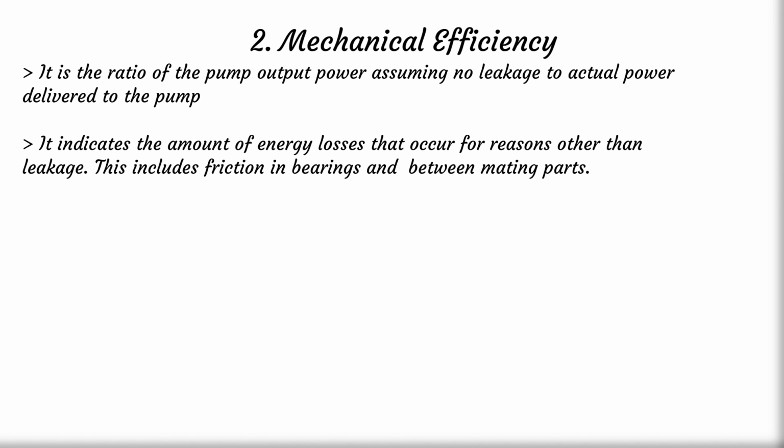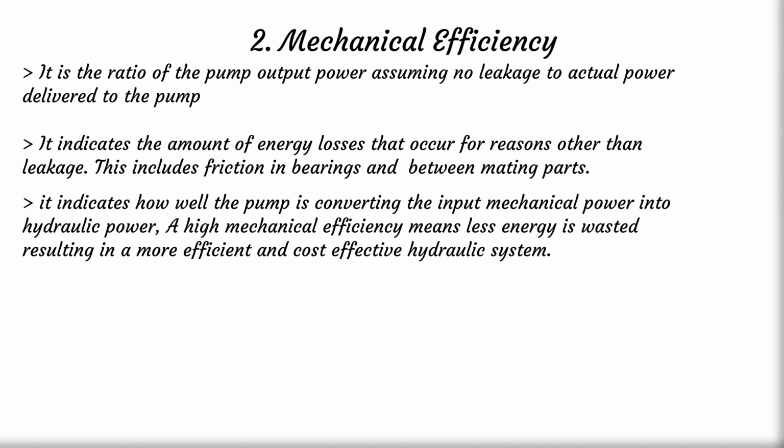Mechanical efficiency is an important parameter to consider when evaluating the performance of a hydraulic pump because it indicates how well the pump is converting the input mechanical power into hydraulic power. A high mechanical efficiency means less energy is wasted, resulting in a more efficient and cost-effective hydraulic system.